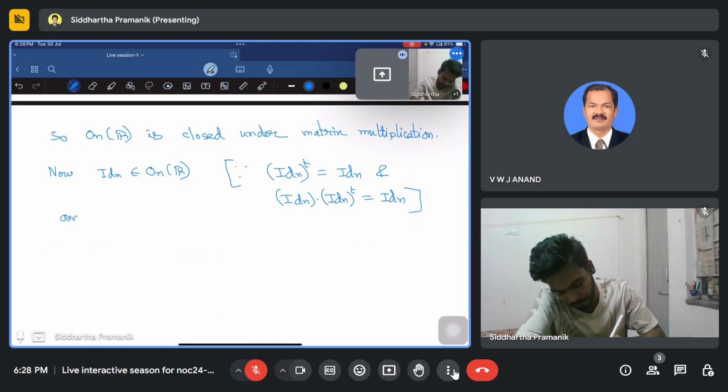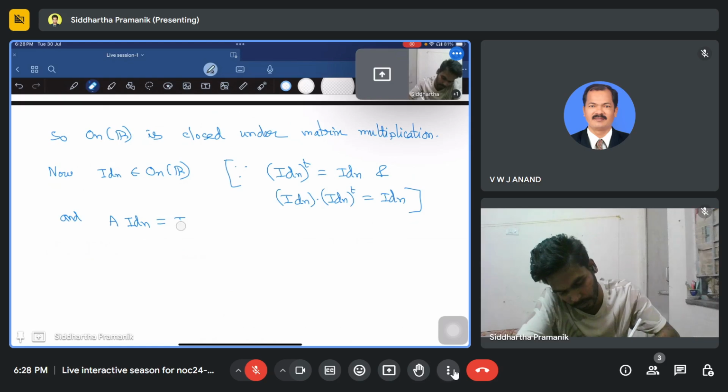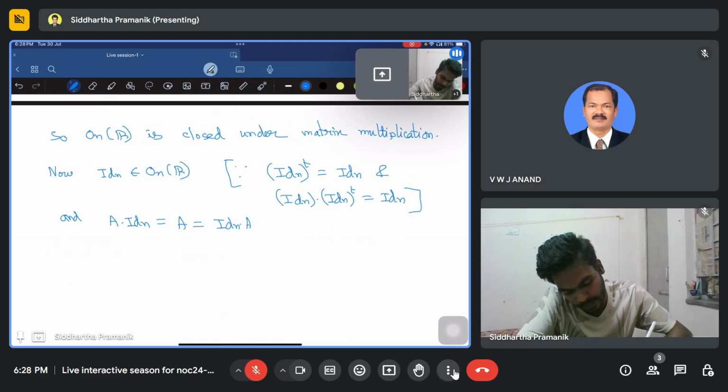And if we multiply any matrix A by the identity matrix, then that should be the matrix A itself, right? On the other hand, this is the same as identity matrix times A. This happens for every matrix in the set O(n, R).